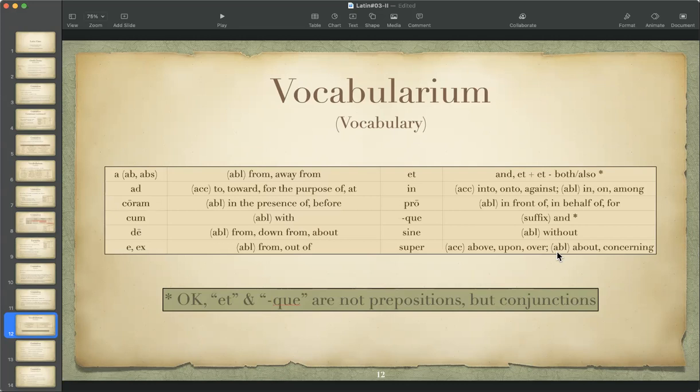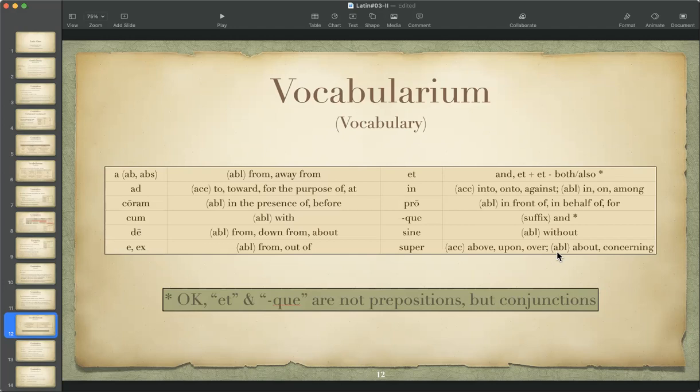Michael, how would you distinguish the de, which has an about meaning, from the super, which has the about meaning? Are the two abouts different, or can they just be used interchangeably?